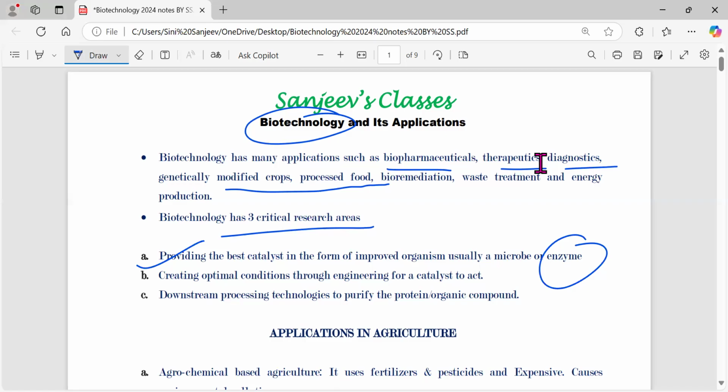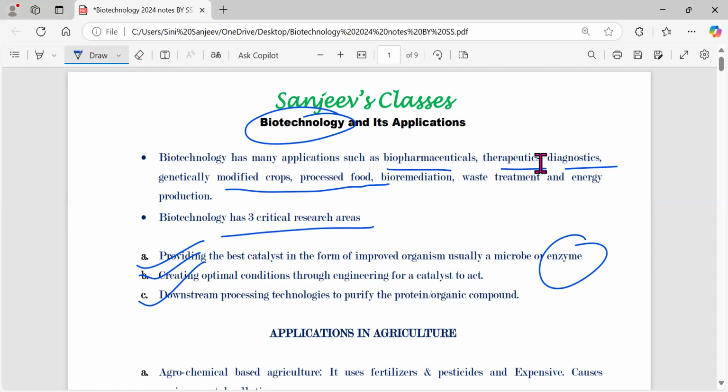Second is creating optimal conditions through engineering for a catalyst to act. Not only are we using a catalyst in the form of a microbe or an enzyme, but we also use certain engineering techniques, which together give us a greater outcome. Third one is the downstream processing technologies.